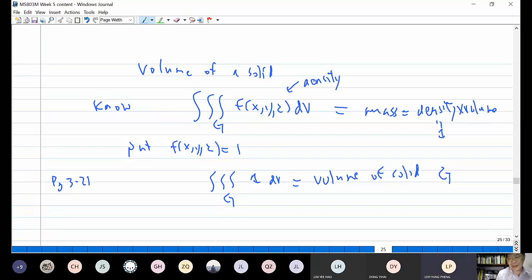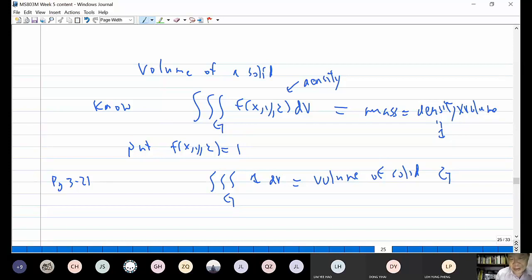If the density is 1, then density 1 times the volume, of course, is the volume, right? Numerically it's like 1 to 1 now. Numerically, this answer is also the mass if the density is 1. But numerically, this is also the volume of what you're looking for. Because if your density is 1, 1 times volume is the same as the mass, and also the volume of the whole thing, G. That's why you got this.